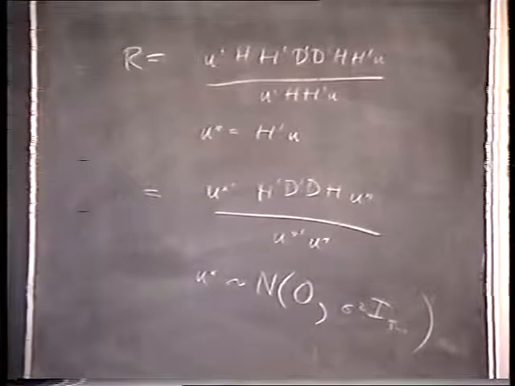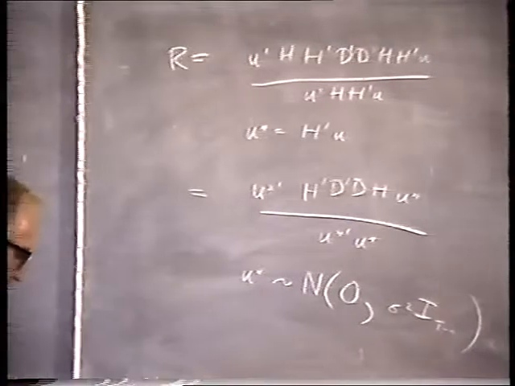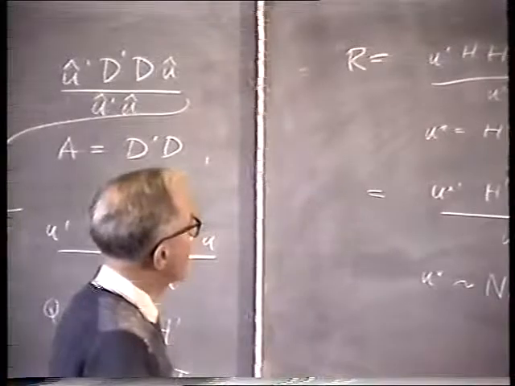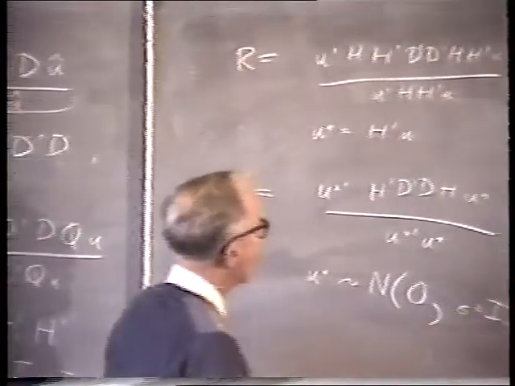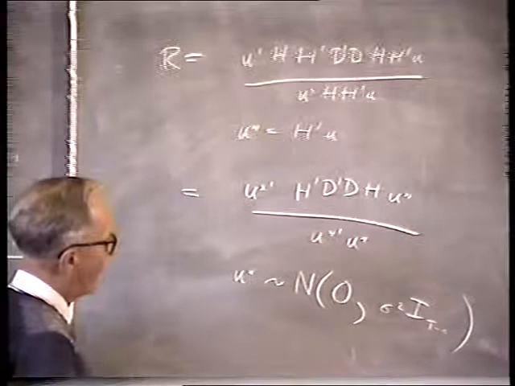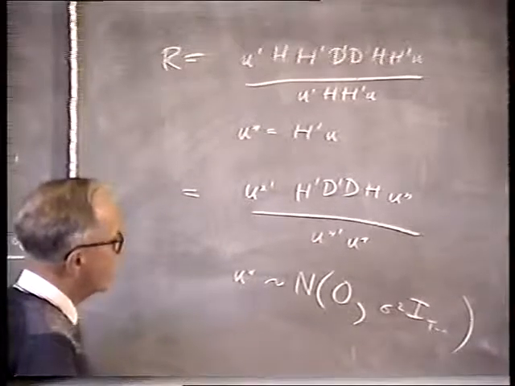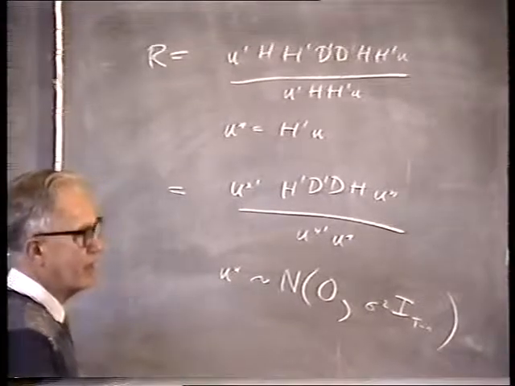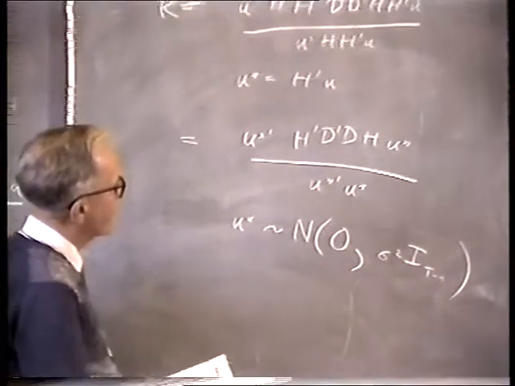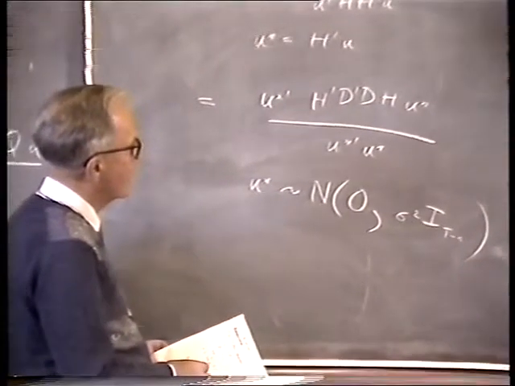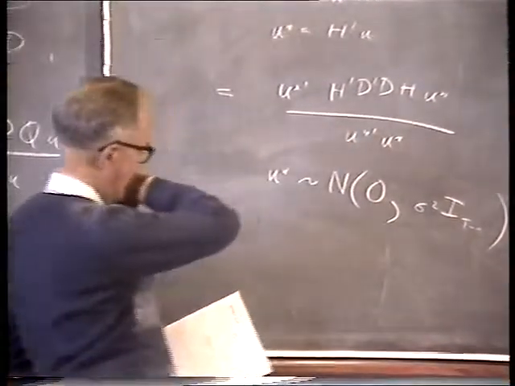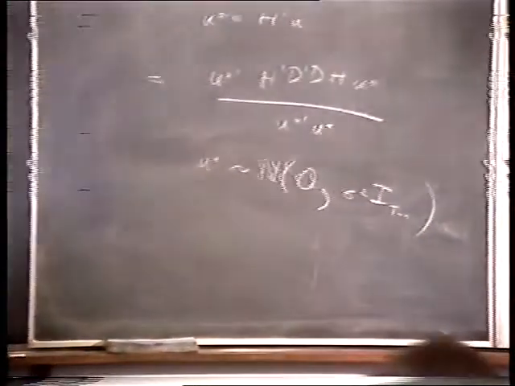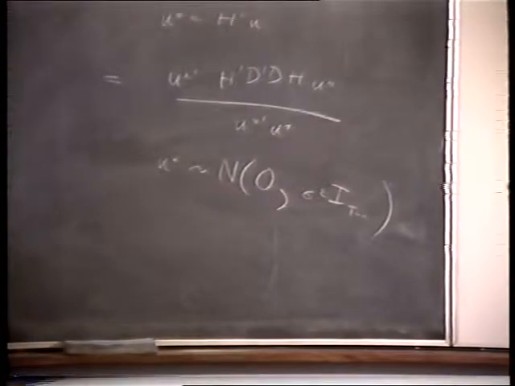But the Imhoff procedure will deal with any case where we have a ratio in which the denominator is a non-negative definite matrix, and the numerator doesn't have to be definite either way, positive or negative.